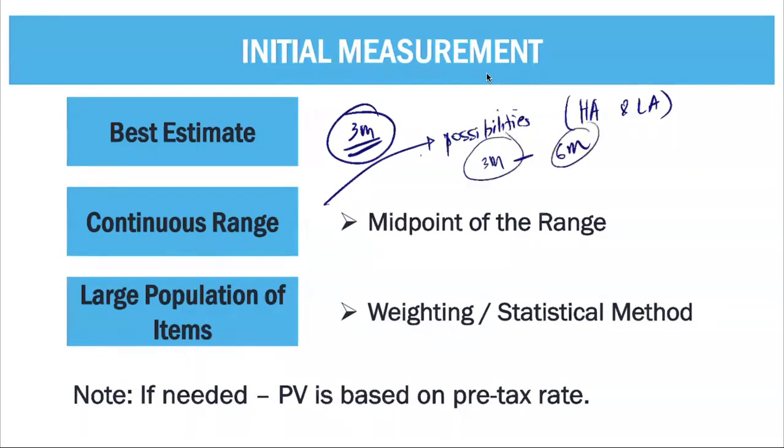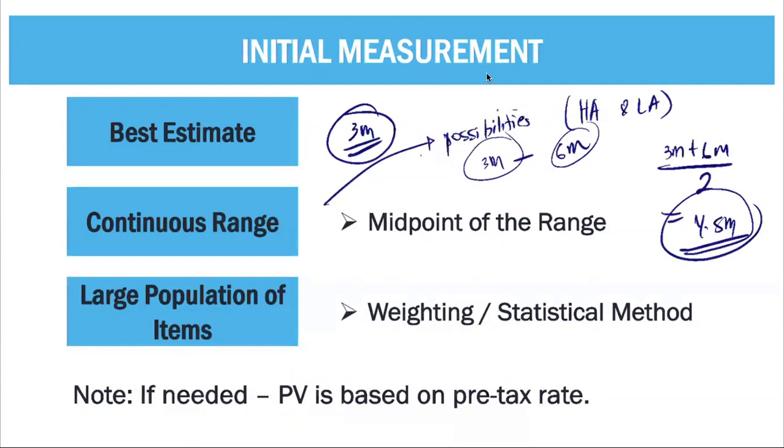If that is a continuous range, how do we measure it? We get the midpoint of the range. To get the midpoint, 3 million plus 6 million, we divide it by 2. So 4.5 million pesos. Okay? So for a continuous range, get the midpoint of the range.